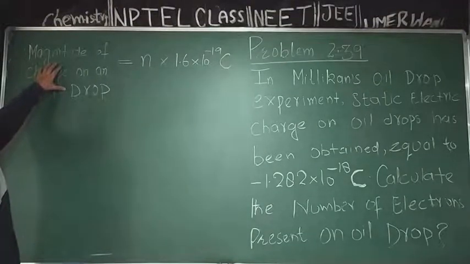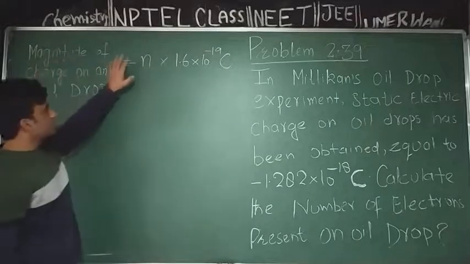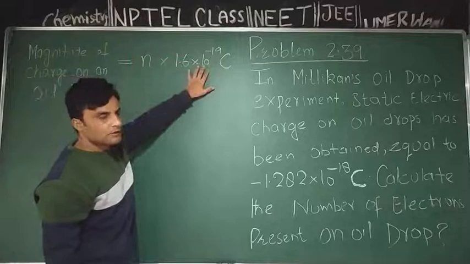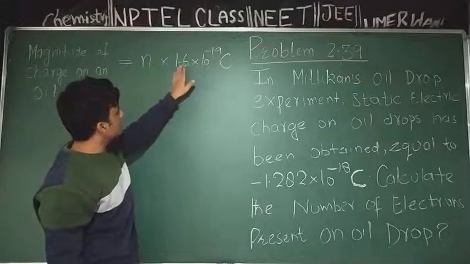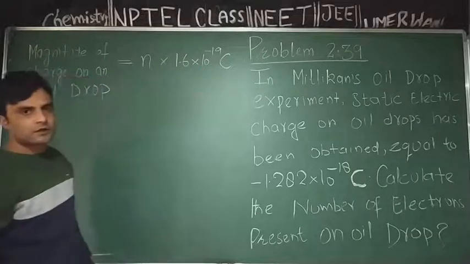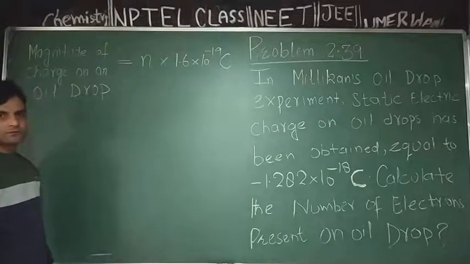The magnitude of charge on the oil drop was found to be an integral multiple of a fixed value of charge, and the fixed value of charge was itself equal to 1.6 into 10 raised to power minus 19 coulombs.